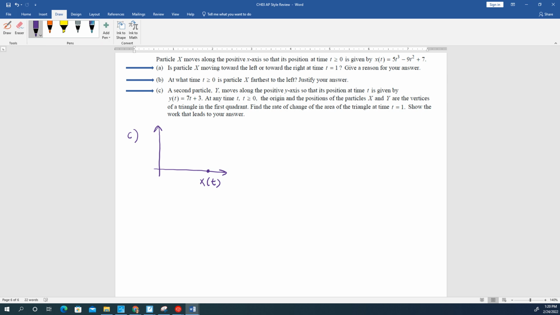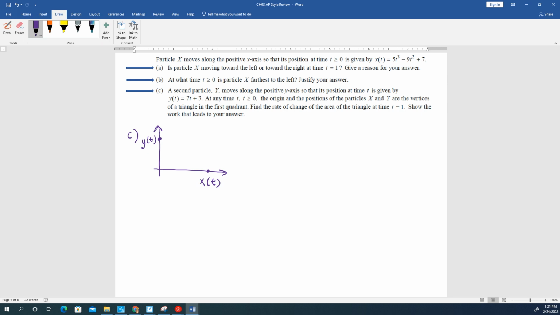There's my position of my particle X. And then now I have a second particle, Y, that's moving along the positive y-axis. Okay, so there's its position at time t. At any time greater than or equal to 0, the origin and the positions of the particle X and Y are vertices of a triangle.